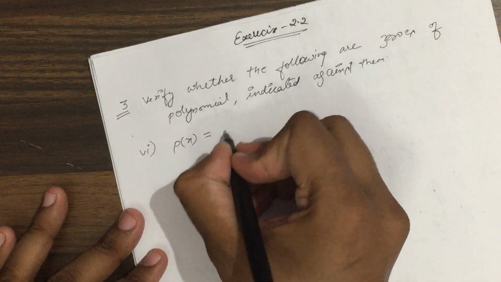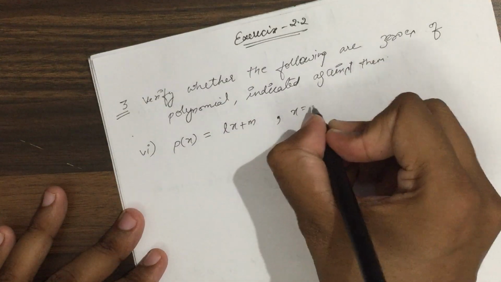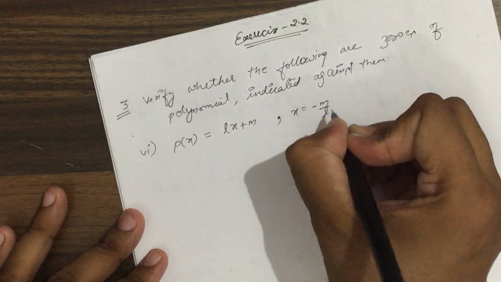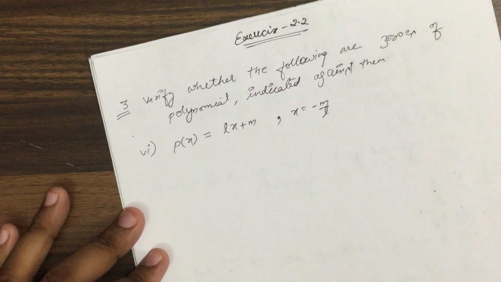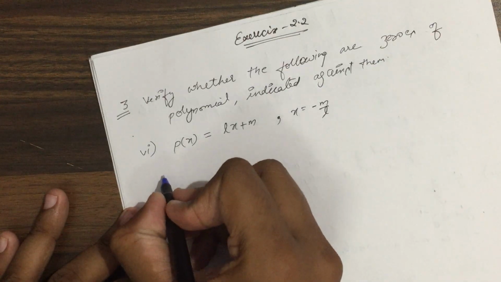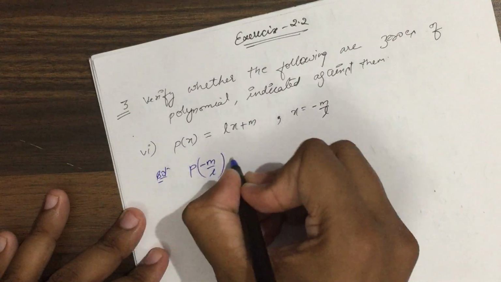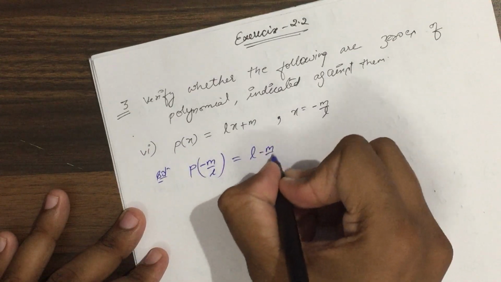p(x) equal to lx plus m, and you have to check whether x is equal to minus m by l is a zero or not. So what you have to do, you have to find the value of p of minus m by l. So in place of x put minus m by l.